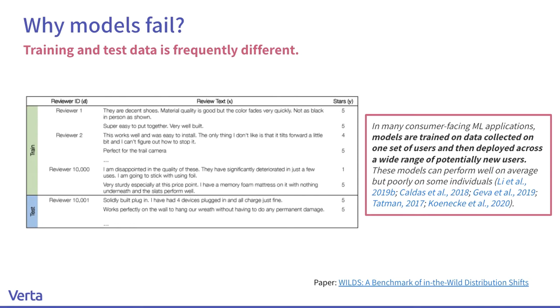On average, model performance could be satisfactory. The overall accuracy score looks fine, 80% or 85%, and it's acceptable. But if you look into the finer details, it can perform really badly for a specific subset of users, which are sometimes overlooked.